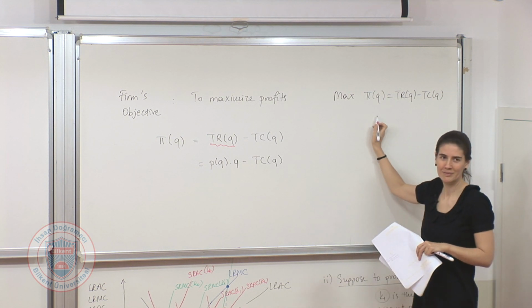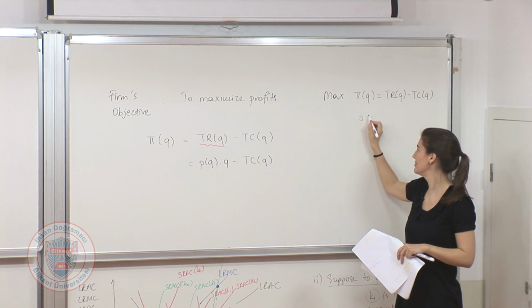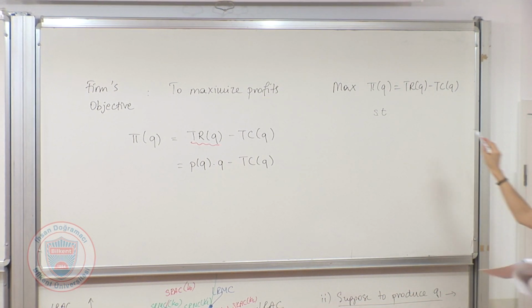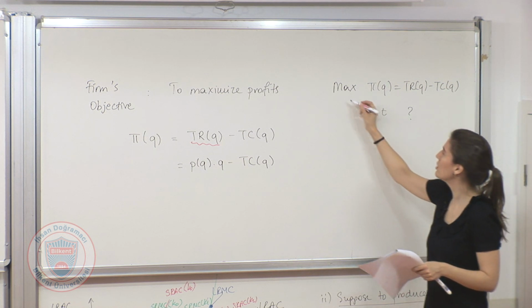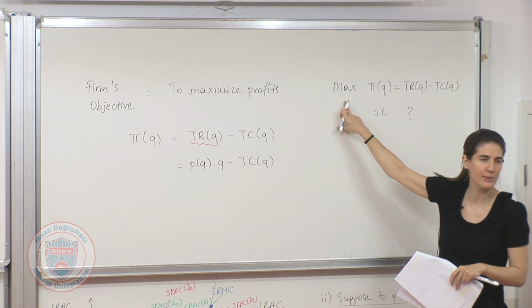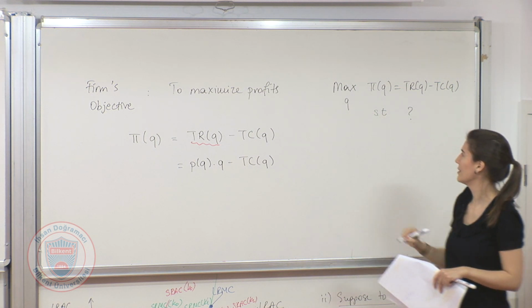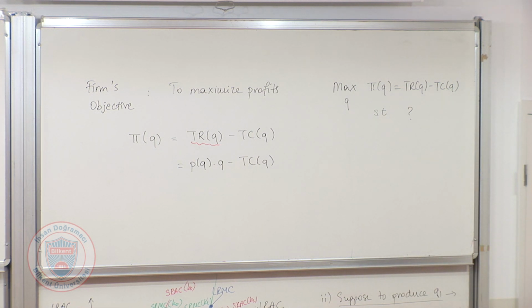subject to what? And then you said, hocam, what is the variable that they decide on? Q. Subject to what? The production. Some people say production function, but remember, the production function is already embedded in the cost function, right?